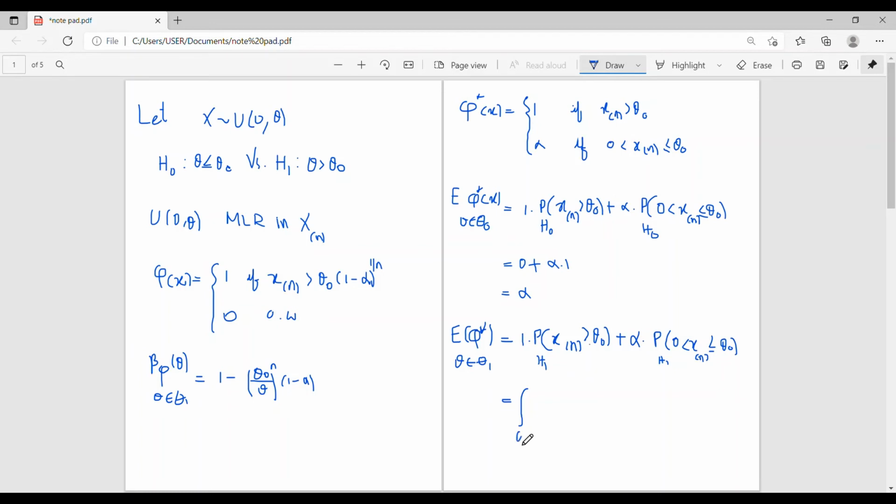So the integral from theta naught to theta.